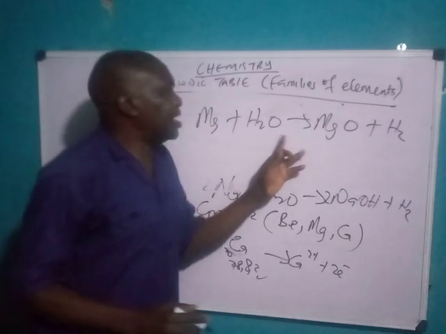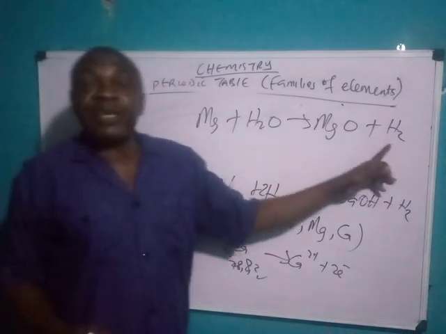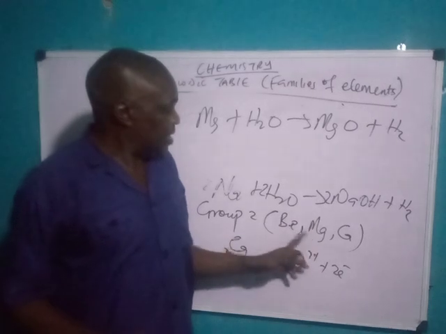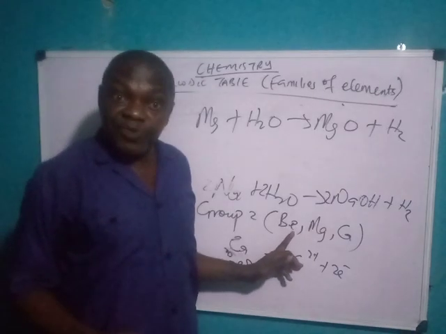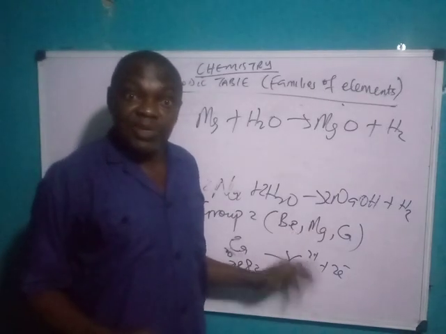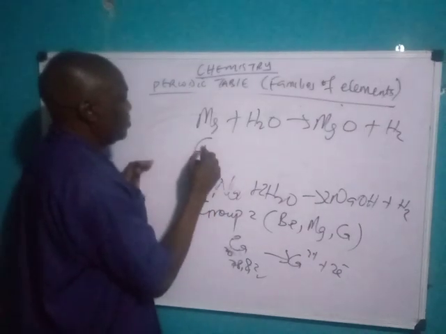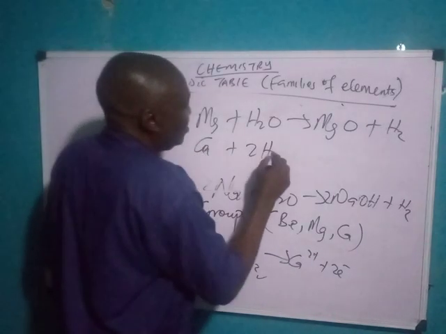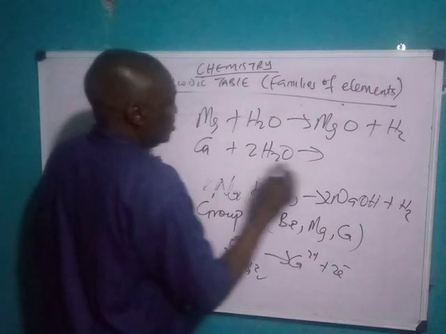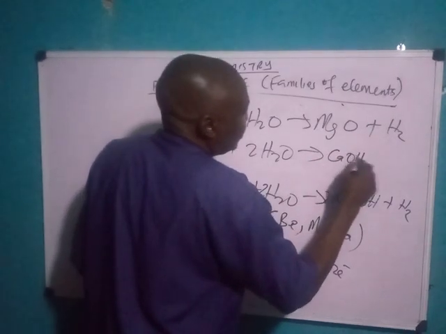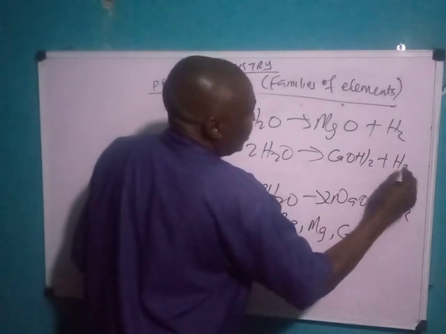So they react with water in the form of steam and liberate hydrogen gas. Whereas the first element in the group, which is beryllium, does not react with cold water or steam. Then for calcium, calcium reacts with cold water to form calcium hydroxide and liberate hydrogen.